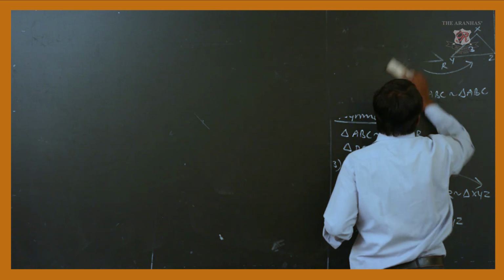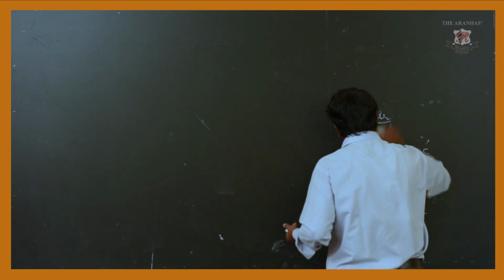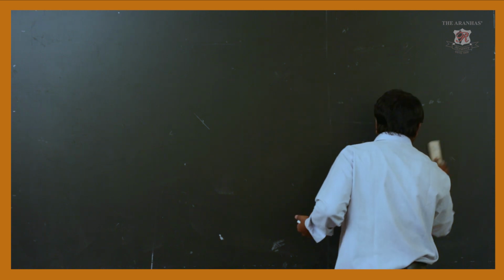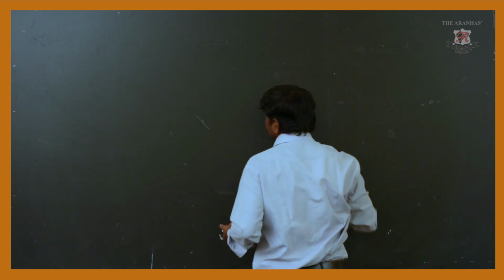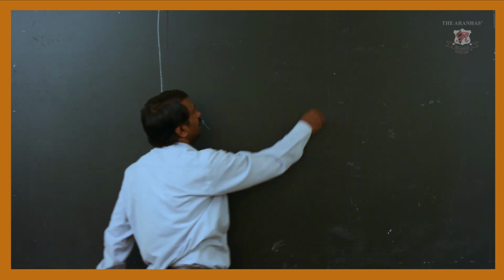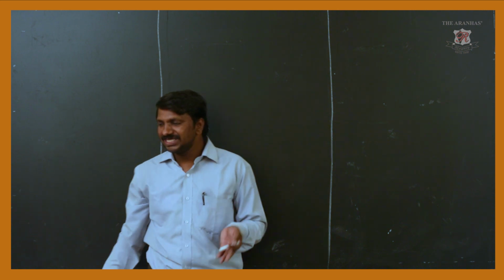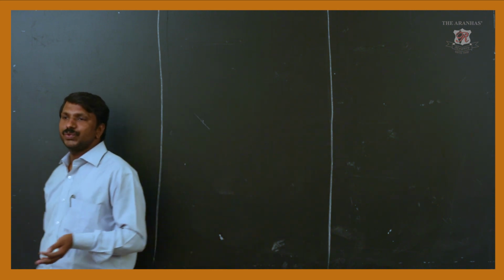Till here today we discussed the three tests: AAA test, second was SAS, third was SSS. And now we also discussed the properties of similar triangles, of which there are three. One was reflexivity: every triangle is similar to itself.